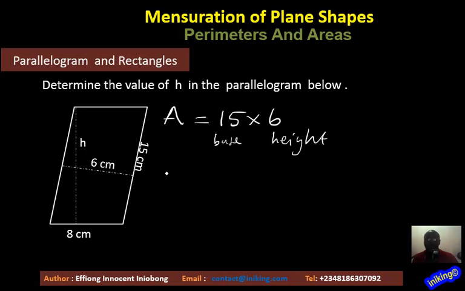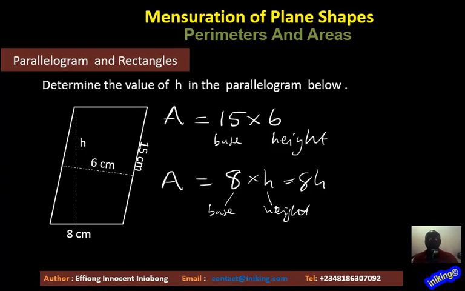Of course, I can also say that the area is 8 times h, which is 8h, because again, this is the base and that's the corresponding height. Now, since both of them represent the area of the parallelogram, it means that 8h is the same thing as 15 times 6, which is 90.